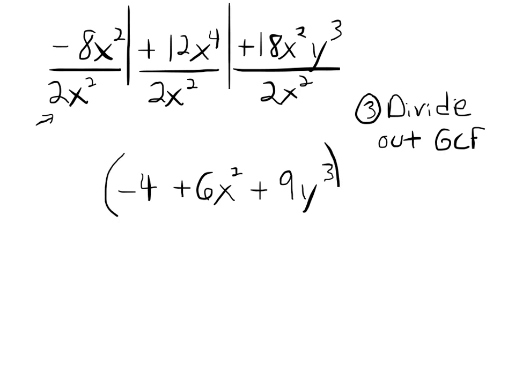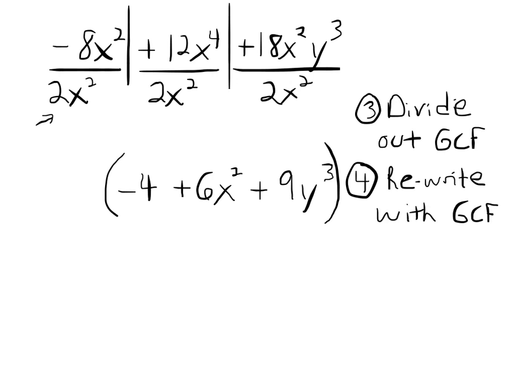So the next thing that we have to do, step 4, is rewrite with GCF in front of, let's just show parentheses. So that GCF right here, 2x squared, we need to show in front of the parentheses.